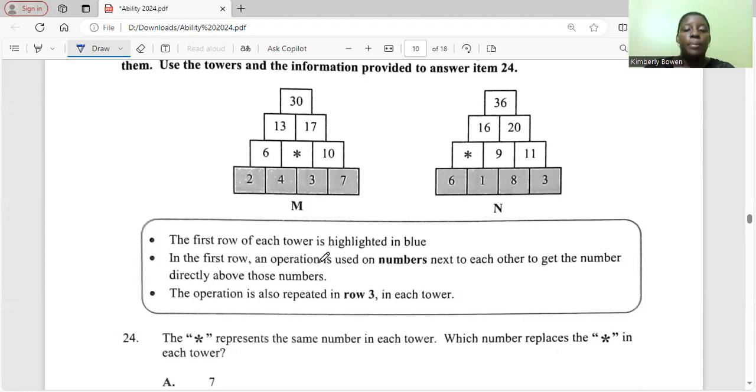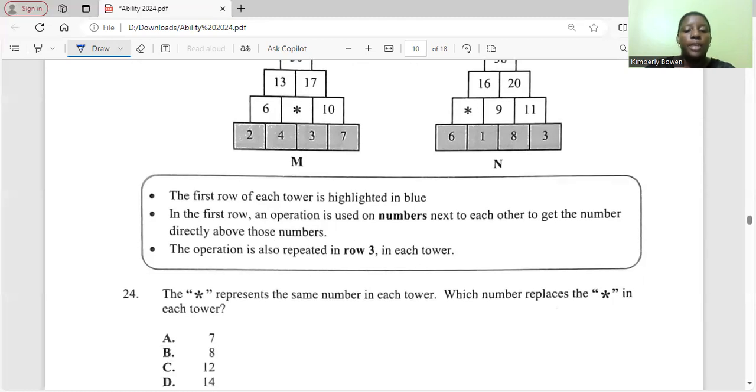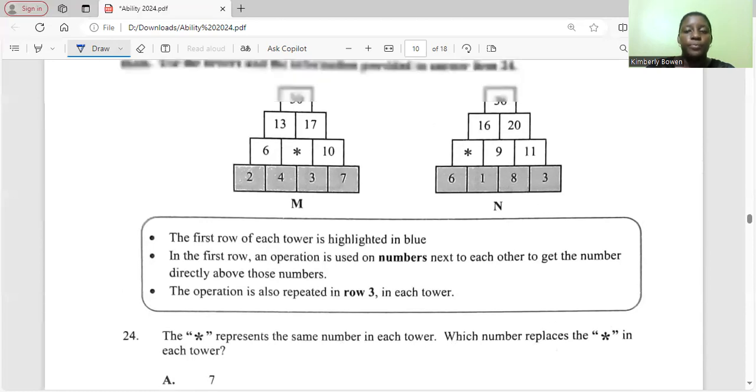In the first row, an operation is used on numbers next to each other to get the number directly above those. The operation is also repeated in row 3 in the tower. The question says the asterisk represents the same number in each tower. Which number replaces the asterisk in each tower?